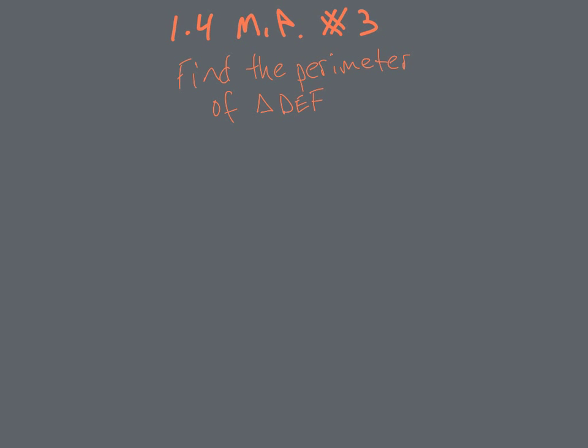Now it doesn't say triangle DEF, but it's a polygon that only has 3 vertices, so it's a triangle. And here we have our 3 coordinates: D, which is -3, 2, E, which is 4, 2, and F, which is 4, -3.